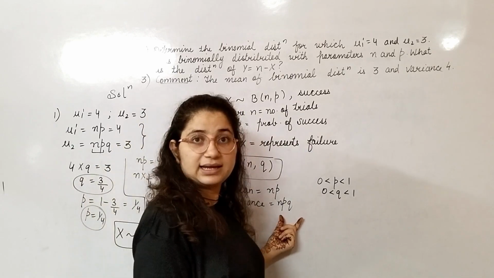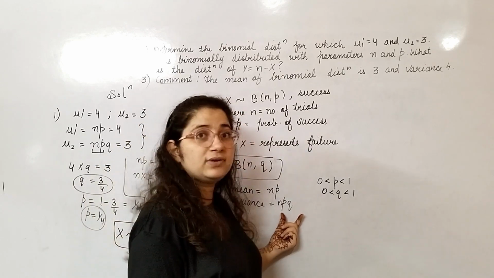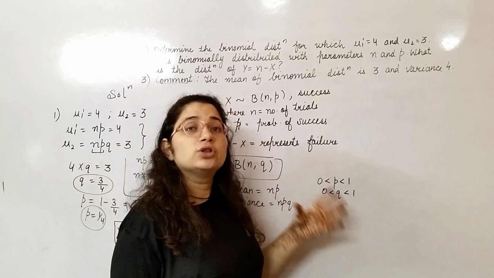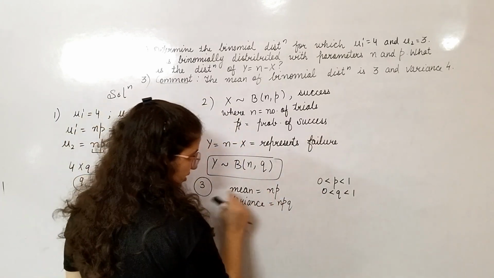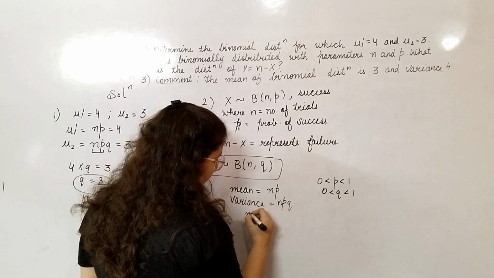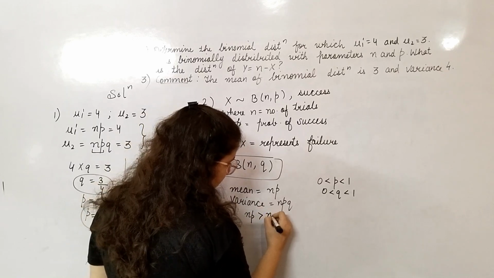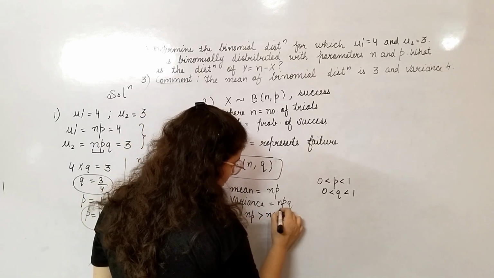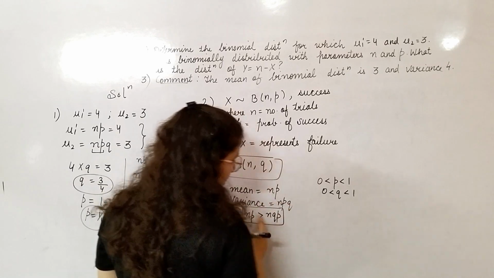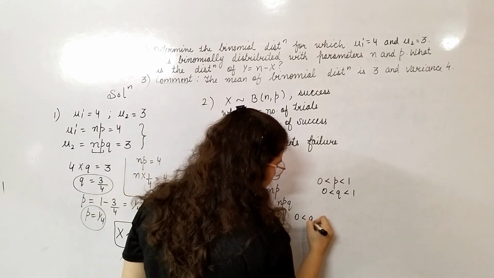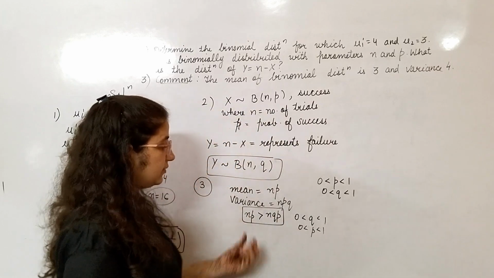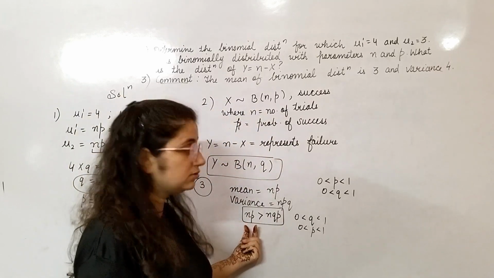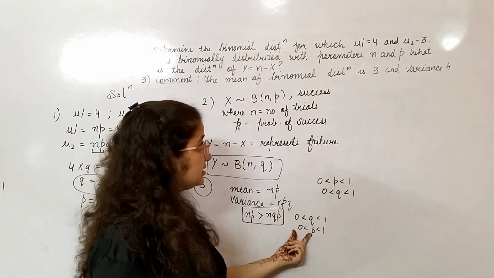So this number will become even smaller. So from here what can you conclude? From here I can conclude that our mean is always greater than or equal to the variance, or greater than in this case. Always mean will be greater than variance in this case.